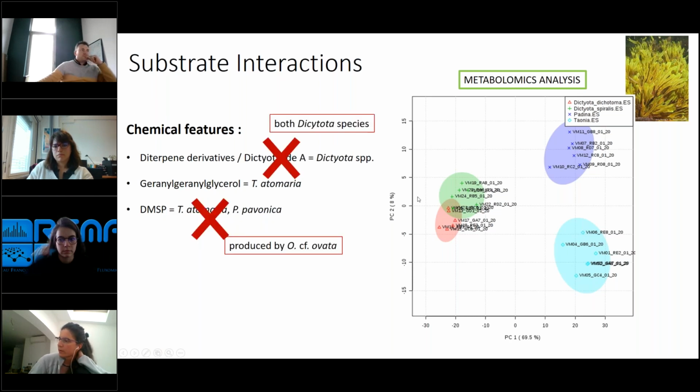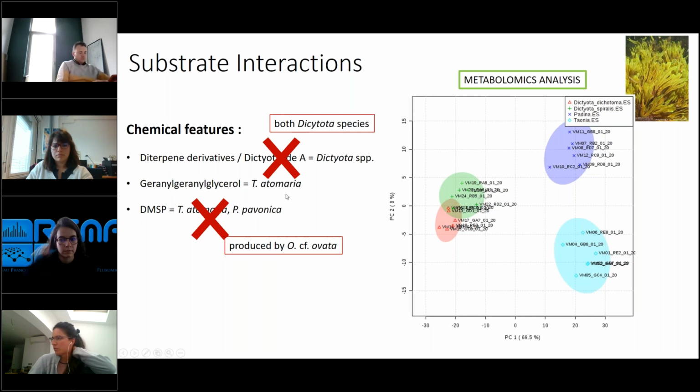Since we are seeking a compound that would explain the bioactivity of Dictyota dichotoma, that should not be present in the Dictyota spiralis species, the diterpenes could not be our candidates. Same for DMSP, which is highly produced by Ostreopsis ovata itself and cannot be an inhibiting compound in this case.